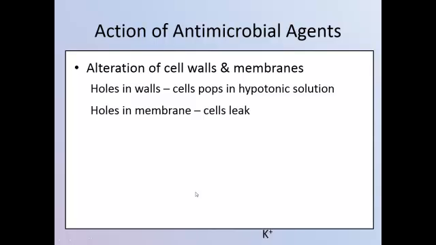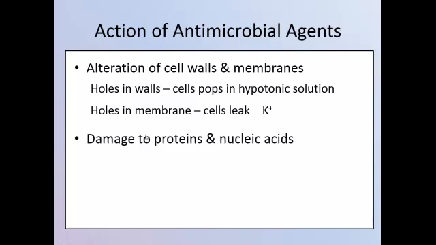That can lead to cell death. One of the most important ions that leaks out is potassium. Cells control sodium chloride and potassium, but usually potassium is a little harder to come by than, say, sodium chloride. So they want to keep control of this. If you pop a hole in the membrane and your potassium starts leaking out, that's not a good thing.